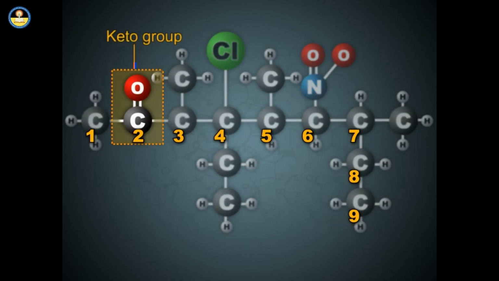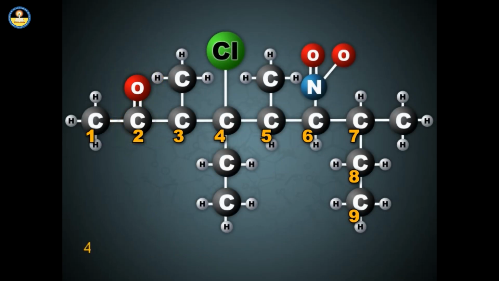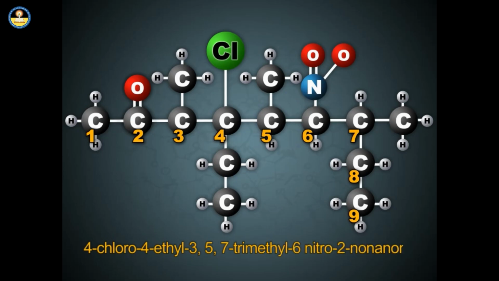As the keto group ranks higher than the other groups, its primary suffix is -ane and the secondary suffix is -one. Its IUPAC name is 4-chloro-4-ethyl-3,5,7-trimethyl-6-nitro-2-nonenone.